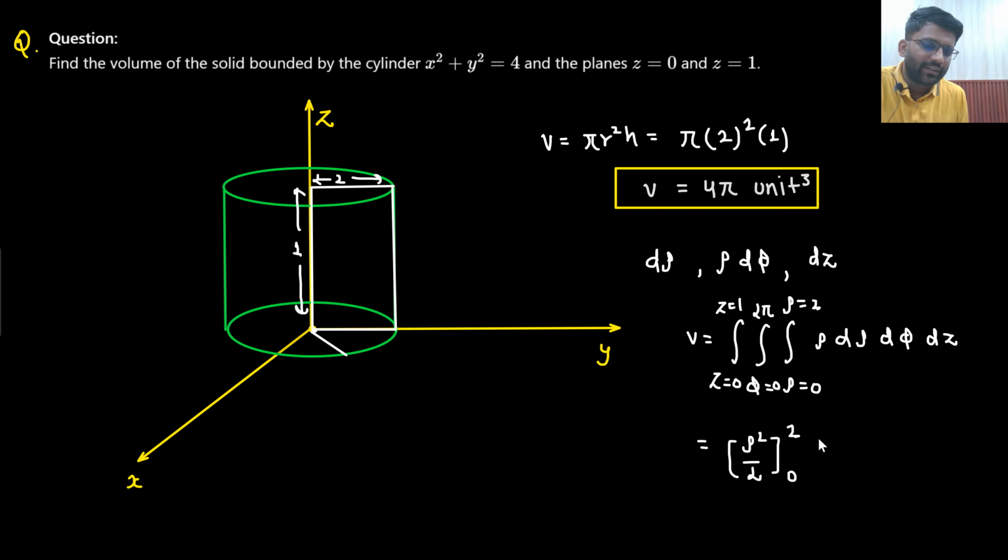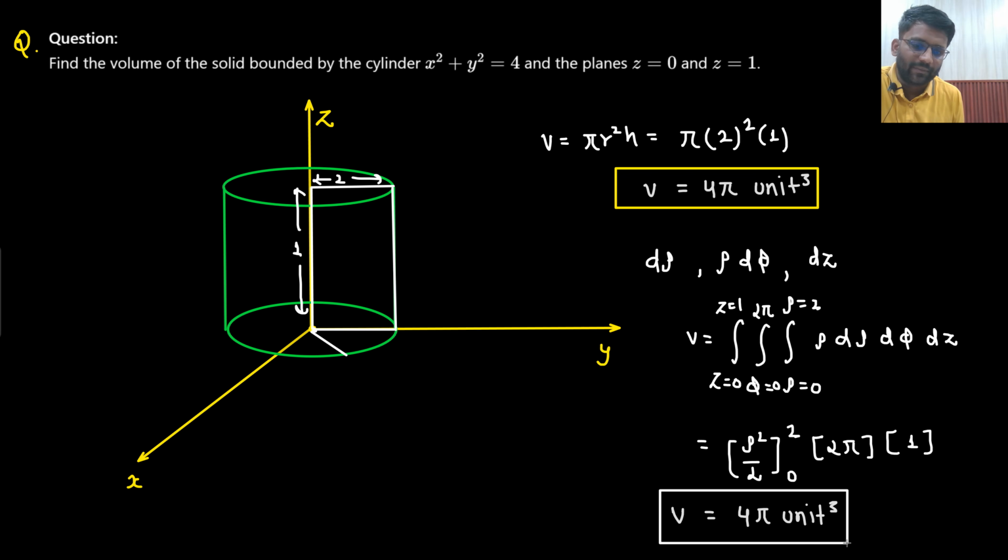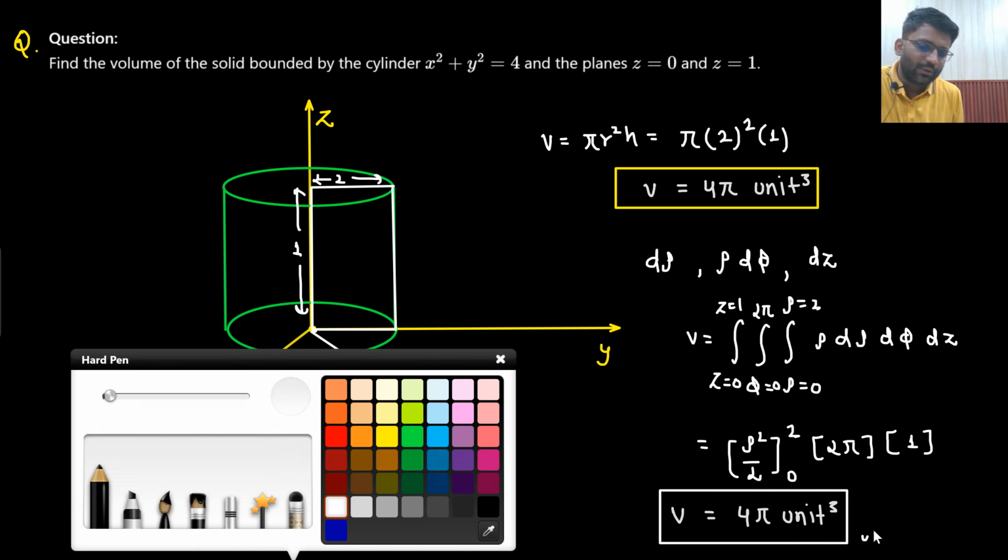The integration of phi will be phi, from 0 to 2 pi. And the integration of z will be z, from 0 to 1. So what answer will you get? Here you put 2 square, that is 4 divided by 2, so the answer would be 4 pi unit cube. This is the volume we will be getting. Okay. So this also we know.